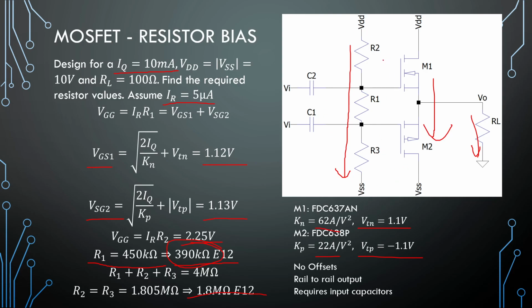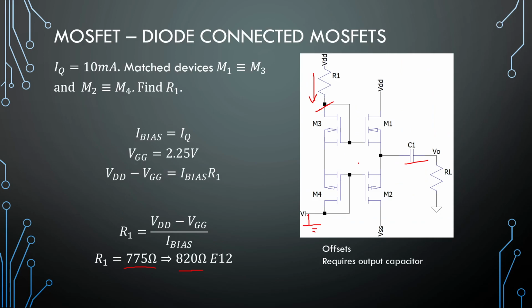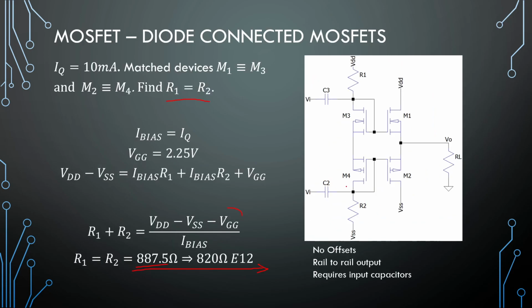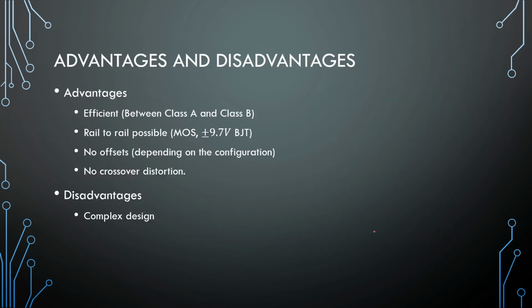This one is easy to implement on a circuit board. This one will be easier to implement in an IC design, well, except for the capacitor right there. Yeah, before we go to the simulations, advantages and disadvantages of our circuits.